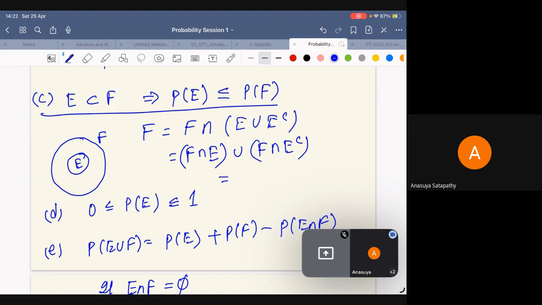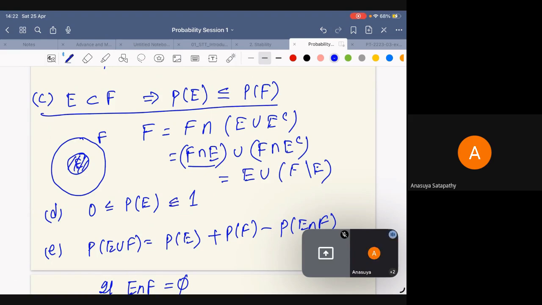Now F intersection E will be E, because E is the smallest, lying inside, a subset of F. So it will be E union (F given E), right? Can I write this one into this?